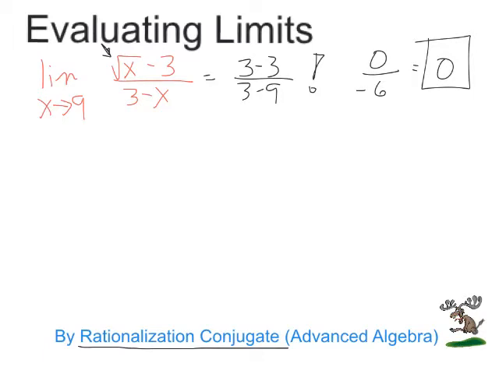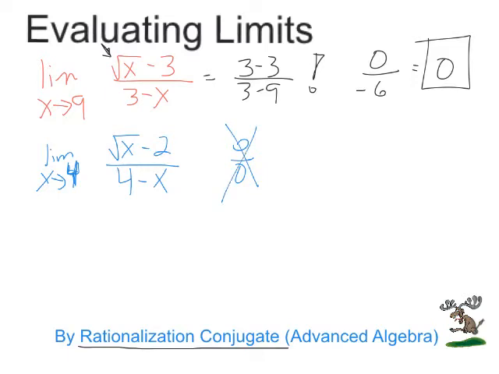So, an example that looks very similar, where direct substitution won't work, is, let's do the limit as x goes to 4, we'll say square root of x minus 2 over 4 minus x. Now if we try direct substitution, we would get 0 over 0, and that's not allowed, so we need to do something to make this possible. And that's what rationalizing the conjugate is, or using a rationalization conjugate.